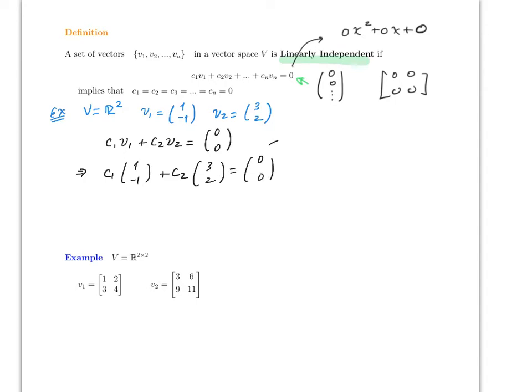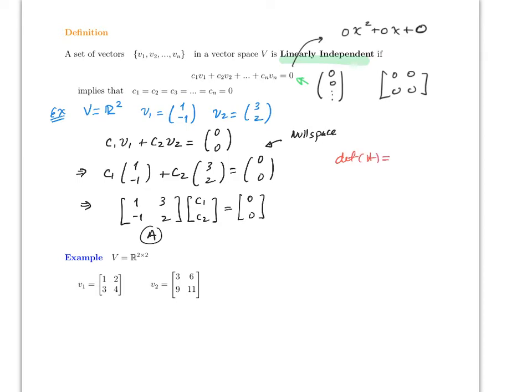Now remember, when you solve something equal to 0 in a system of equations, this is technically the null space that we talked about before. If we write this in matrix form, we end up with [1, 3; -1, 2] times (C1, C2). If you find the determinant of A, it will be 2 plus 3, which is 5.